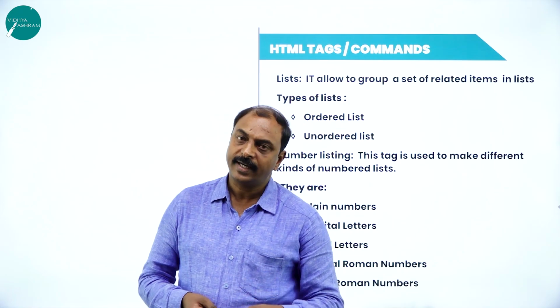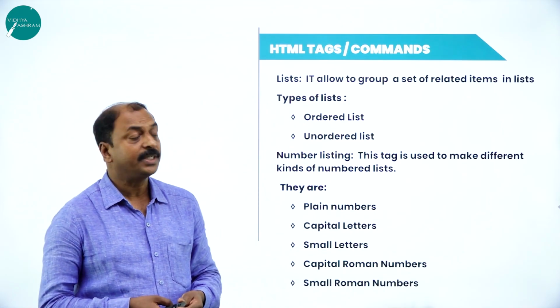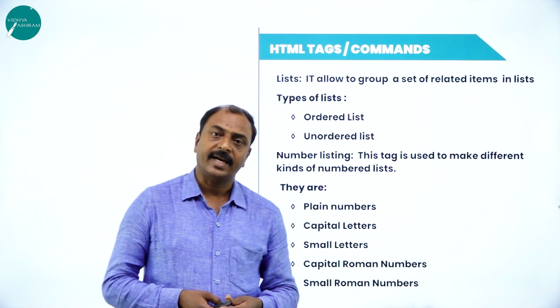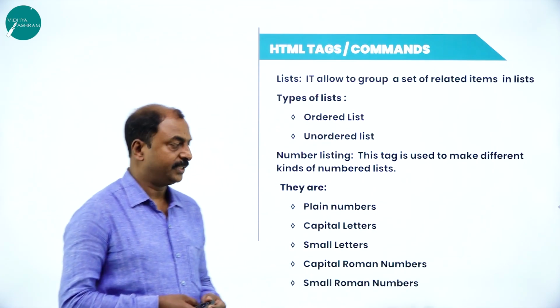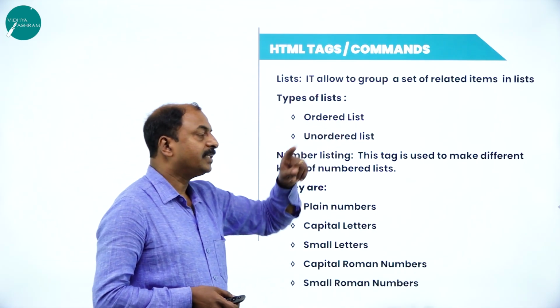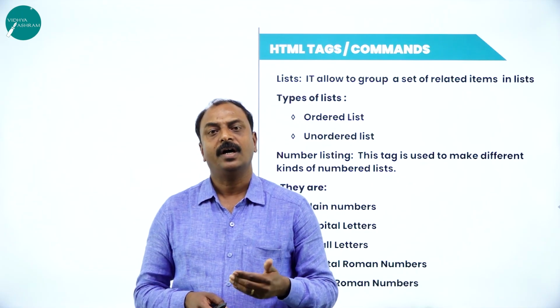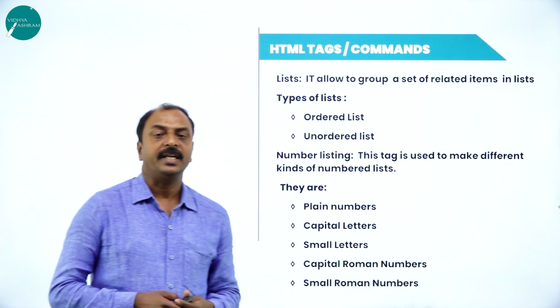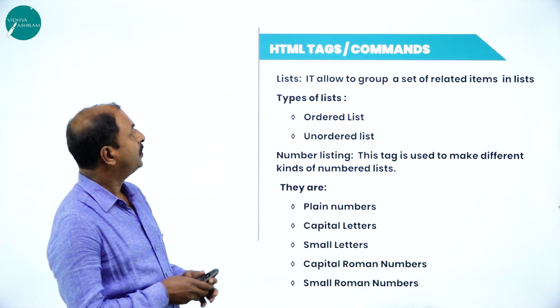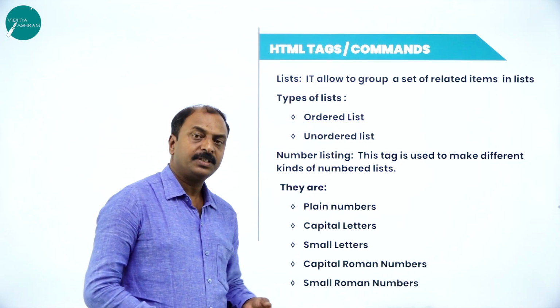Those are called ordered lists and we use the tag OL. The tag is OL, that is ordered list. Another type of tag is unordered list. Here we use the tag UL. UL stands for unordered list and it is a list with bullets. So, these two are different types of list in HTML.